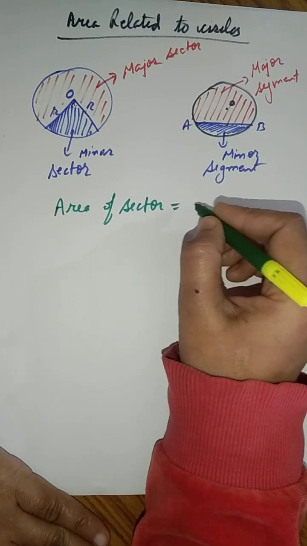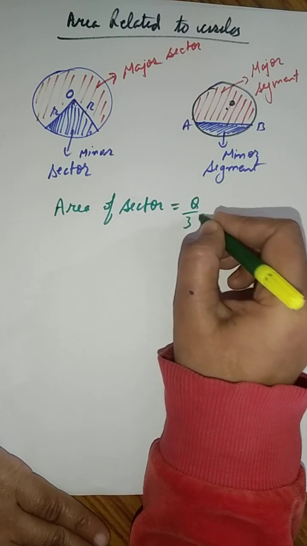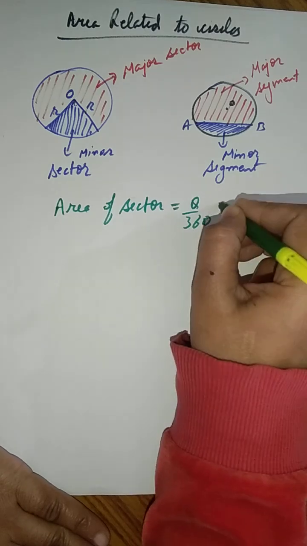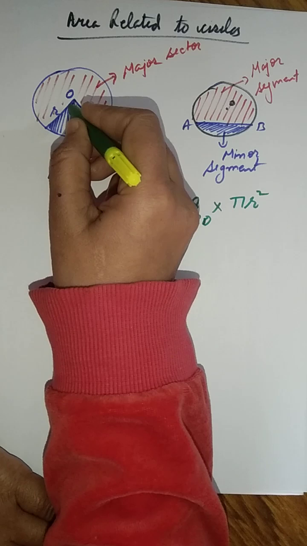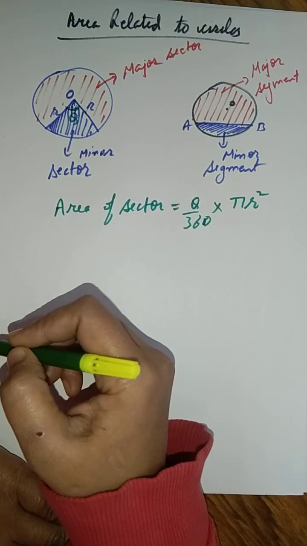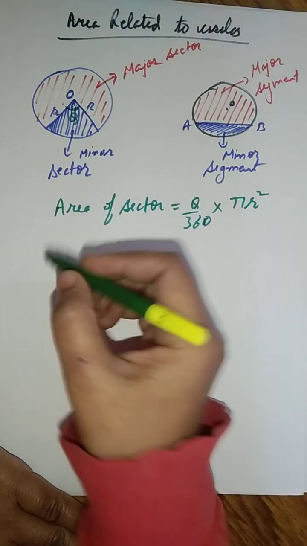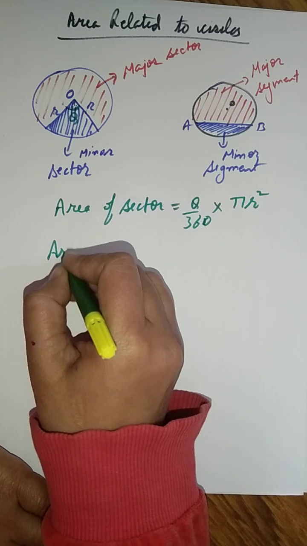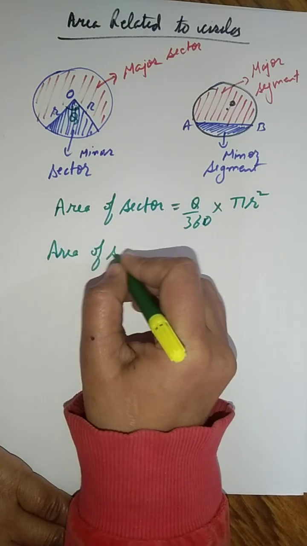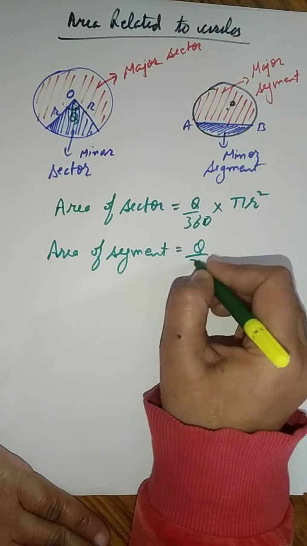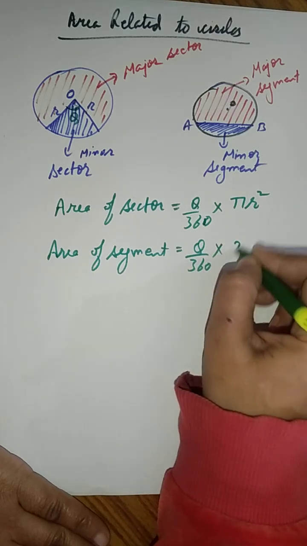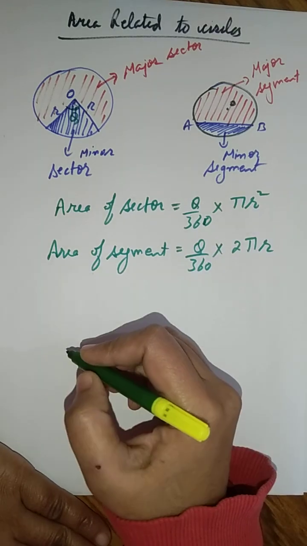Area of a sector is theta upon 360 into pi r square, where theta is the angle between the two radii of the circle and r is the radius. Now the second formula we are going to use is the area of segment.